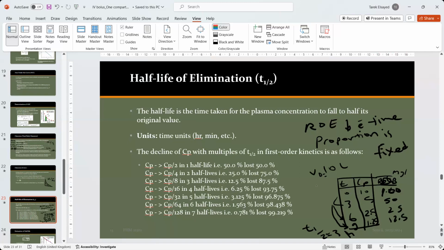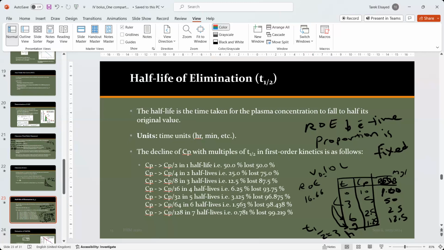If you calculate the rate of elimination, you decrease from 100 to 50, so it decreased 50 divided by 3, which gives something like 16.66, say.